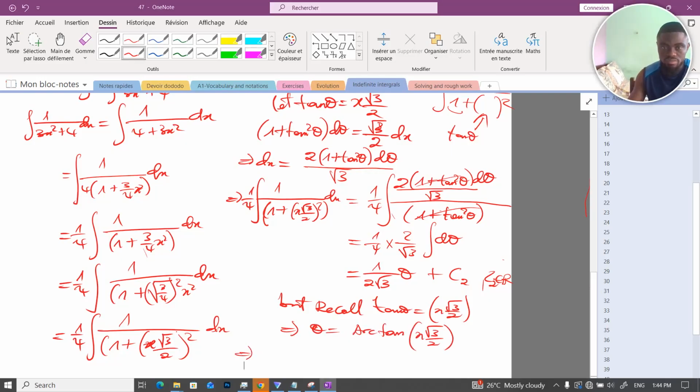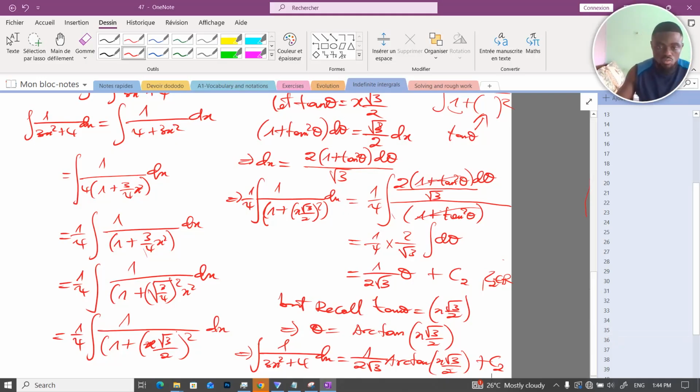So it implies this integral we were finding, the integral of 1 all over 3x squared plus 4 dx, will be equals to what? I just take this theta and substitute it here. So I will have 1 on 2 root 3 arc tan of x root 3 on 2 plus the constant of integration c2.